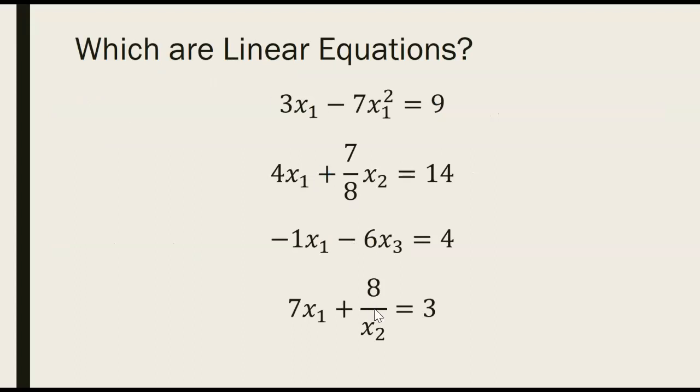Hopefully that makes sense. If you were to rewrite this fourth equation, it would be x2 to the negative first power if you put that x2 in the numerator. All right, so equations 1 and 4 are not linear. Equations 2 and 3 are in fact linear.